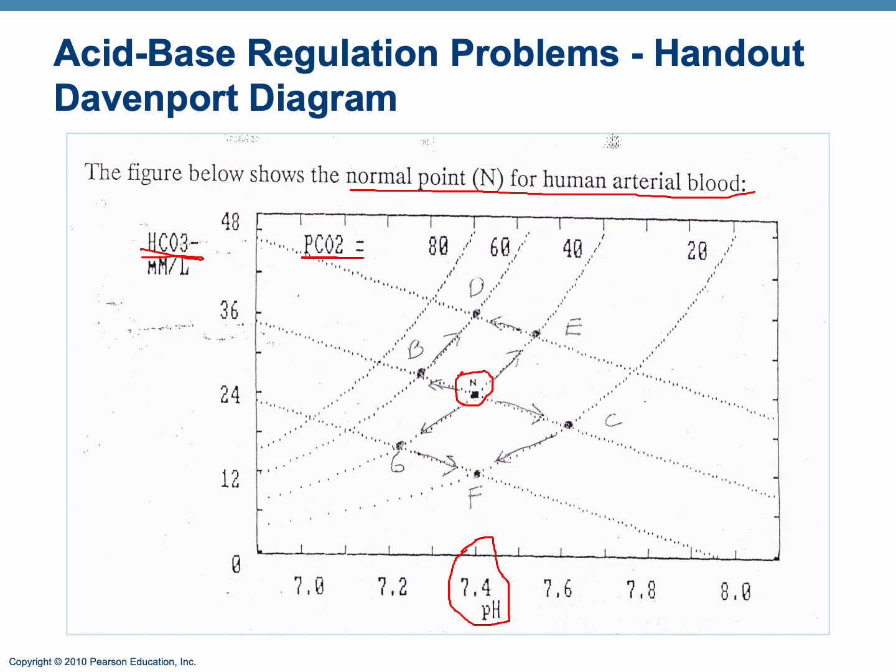PCO2, partial pressure of CO2, is referring to the lungs, the respiratory system. And here we have bicarbonate, that weak base, right?